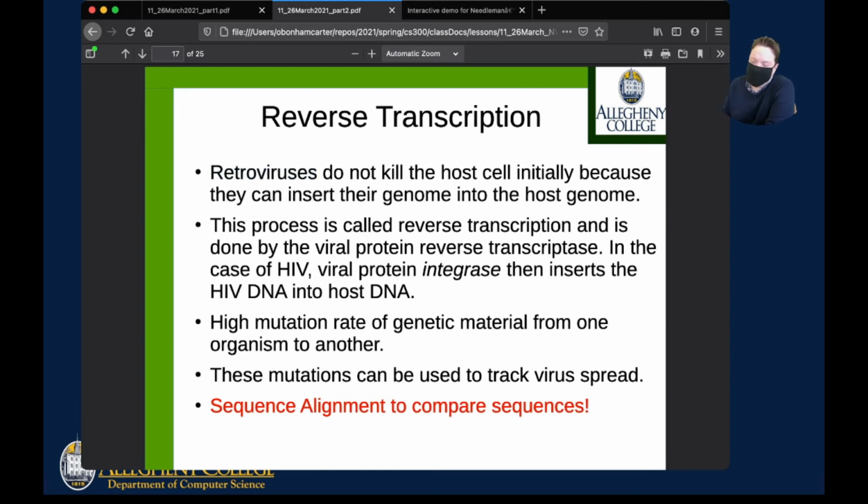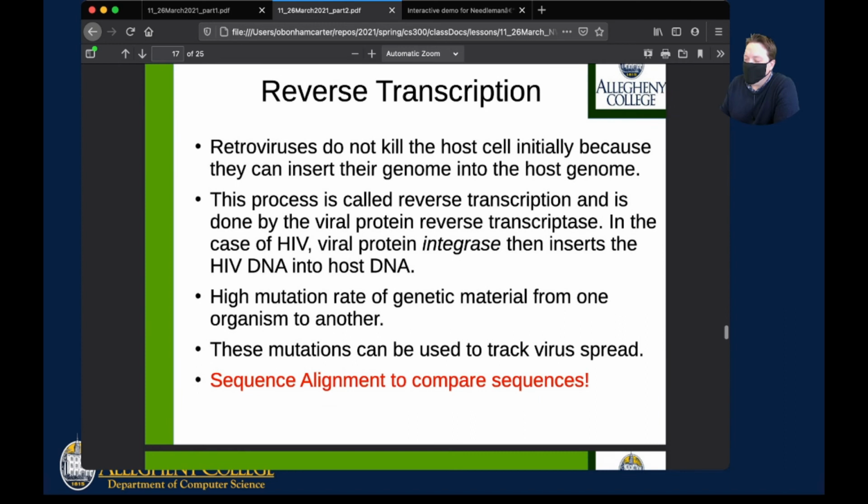They're hijacking the cell. If you kill it, or absorb it, or digest it, then you can't use the qualities that the cell has to produce your own proteins. They call this reverse transcription, where you're going from your RNA back into DNA.